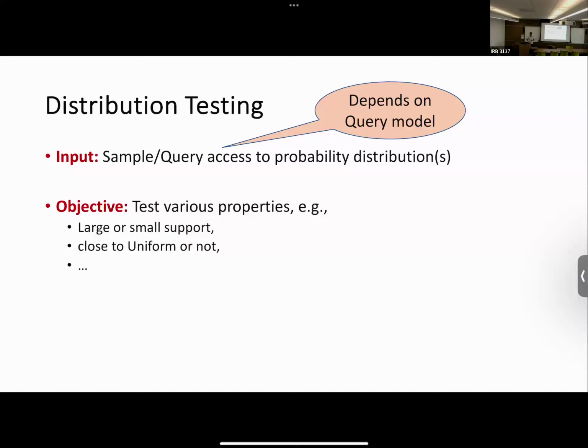There are many such natural properties we want to test, and many quantities we want to estimate, such as the support size or the entropy. But our objective is to make as few queries as possible.